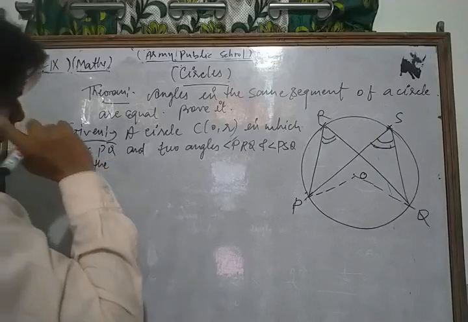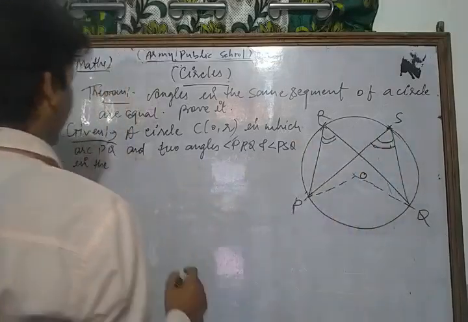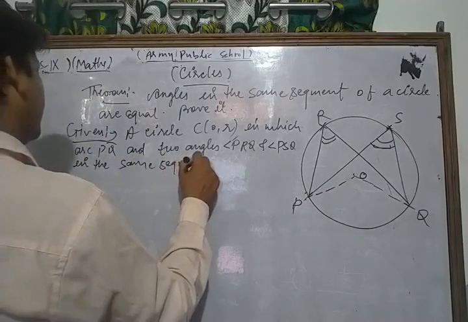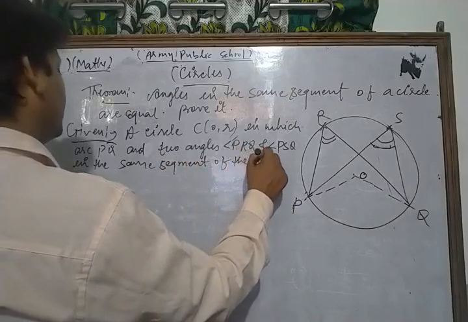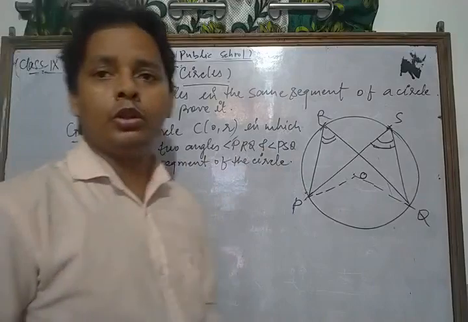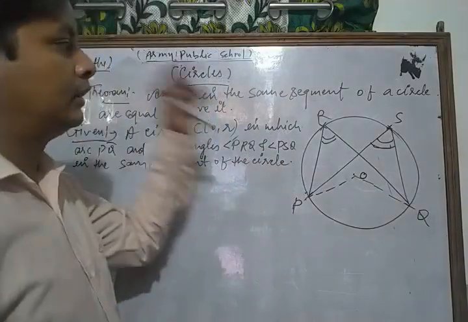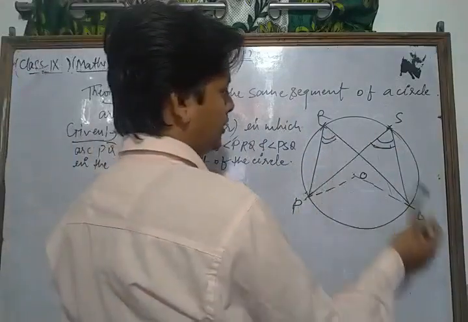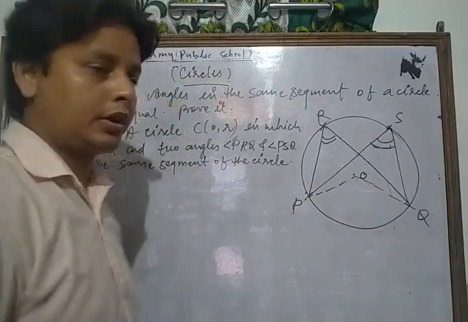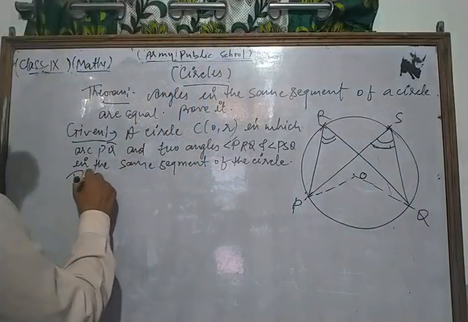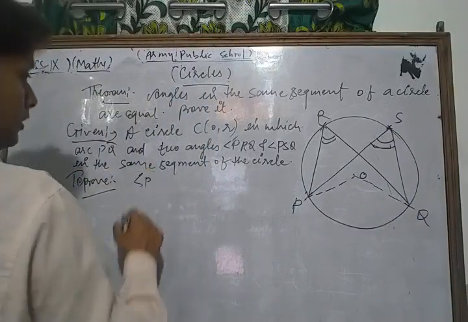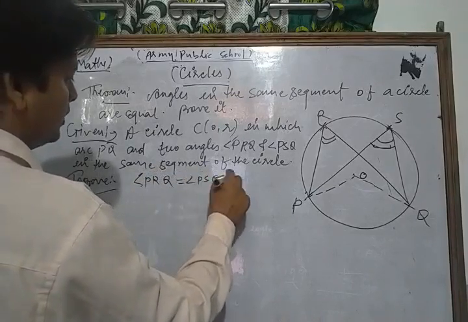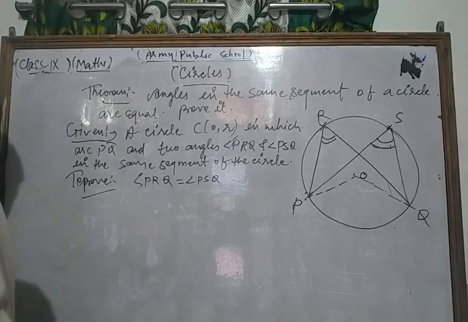Now what we have to prove is that the angles in the same segment of a circle are equal, meaning we have to show that angle PRQ is equal to angle PSQ.